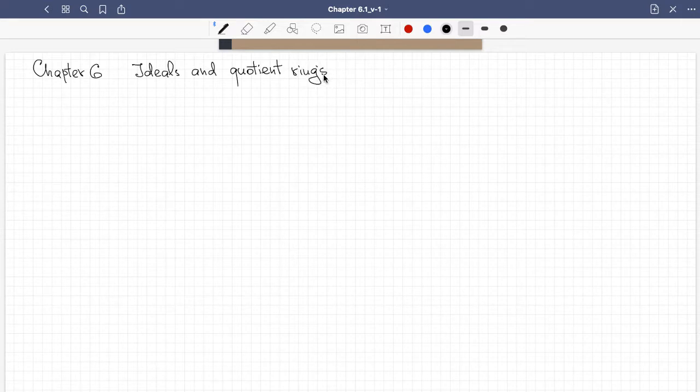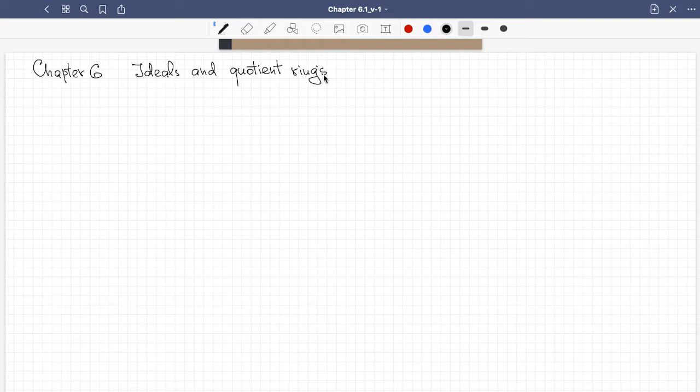In this chapter, we will repeat the construction which we presented in chapter 2 for the ring of integers, and in chapter 5, the previous one, for the ring of polynomials with coefficients in a field.